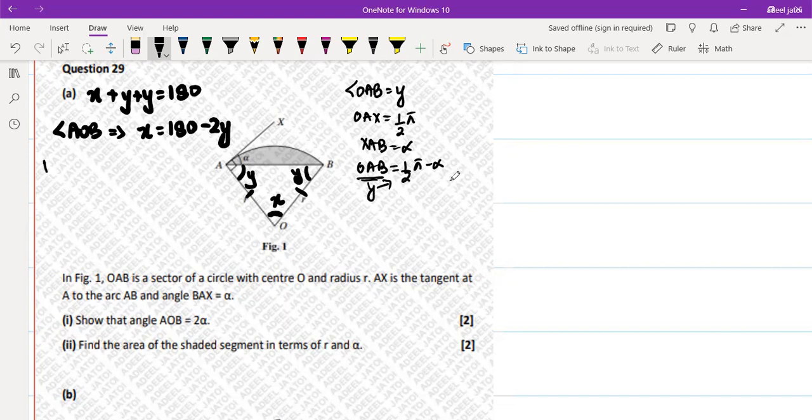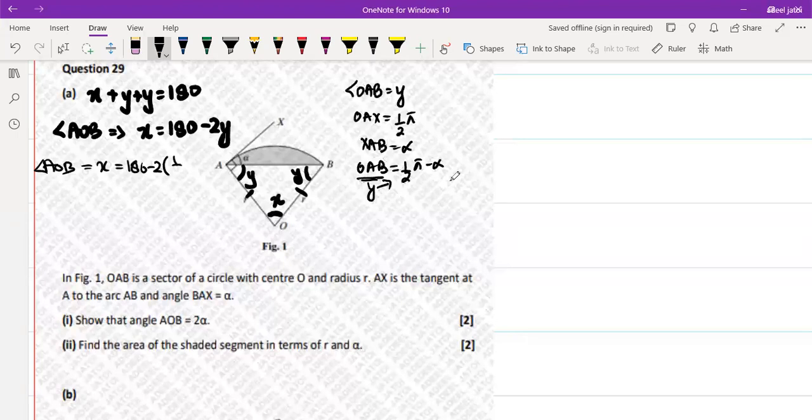So if we write angle AOB as X, it is equal to pi minus 2 times (1 upon 2 pi minus alpha). So X is equal to pi minus pi plus 2 alpha.